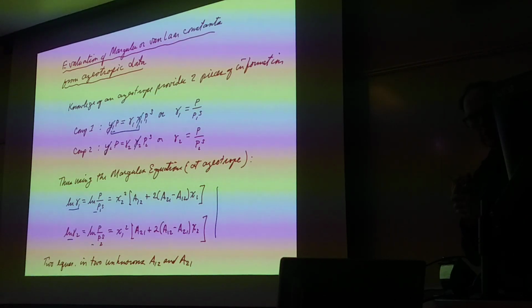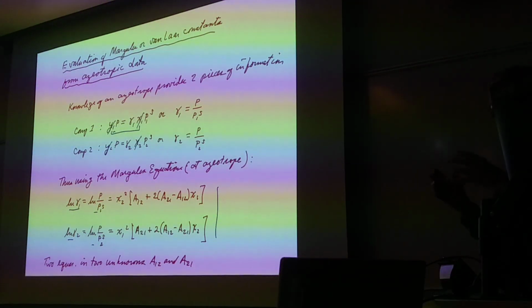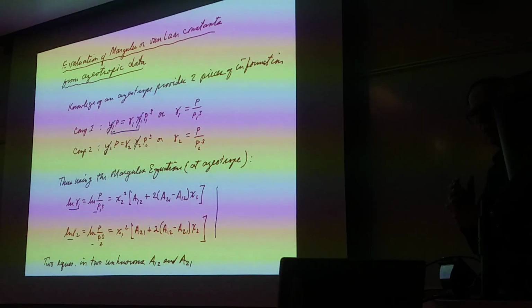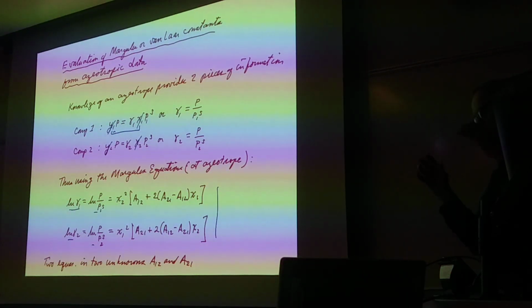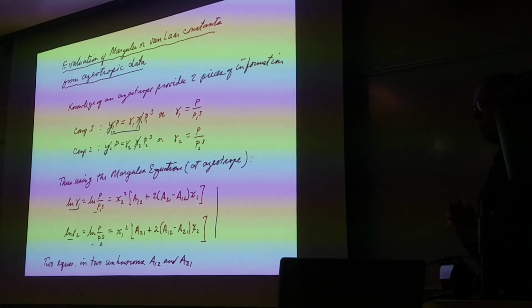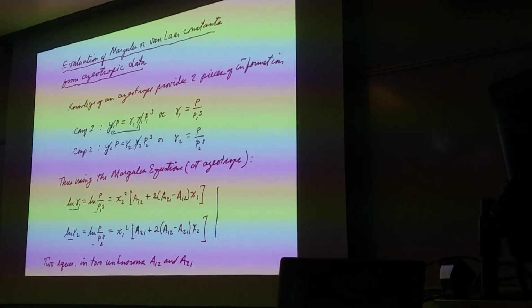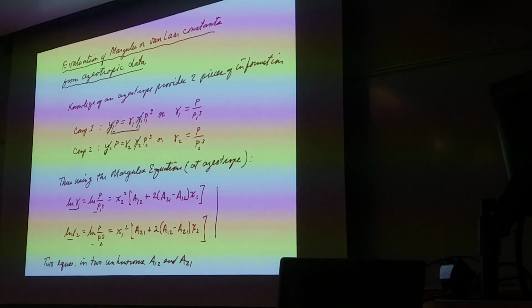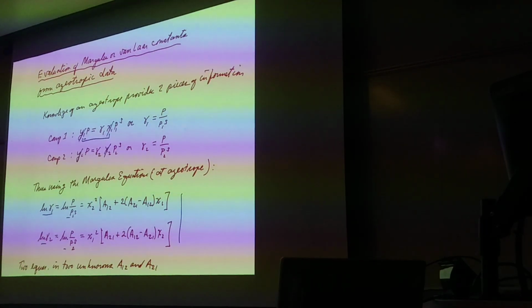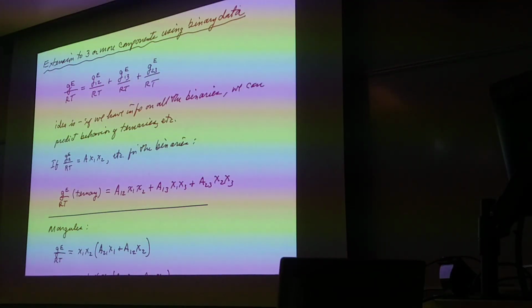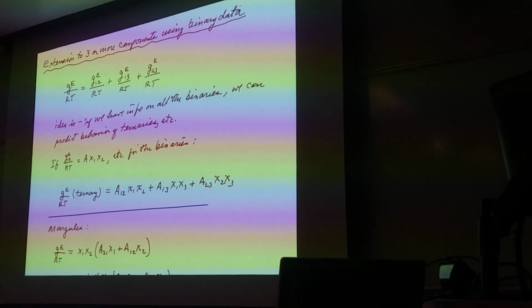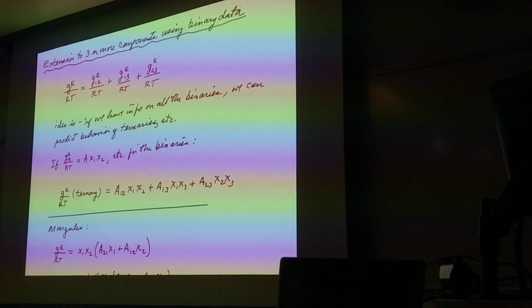The reason that makes sense is that binary interactions, even in liquids, are far more prevalent than any other higher multi-body interactions. So it makes some physical sense. Well, now we have a way of taking a closer look at that possibility. So let's consider extension to three or more components using binary data.